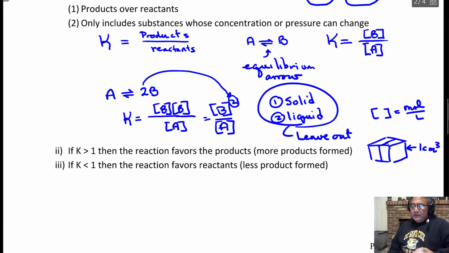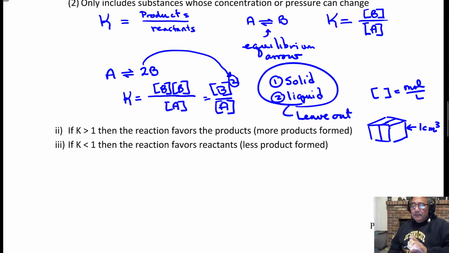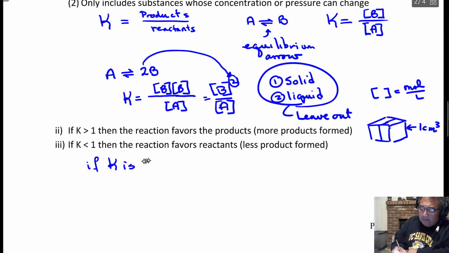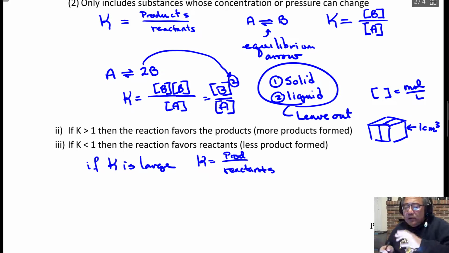Okay, so now one other thing I wanted to point out: if K is really big, it's kind of a relative term. But if you see that phrase, if K is large, what does that mean, right? Well, since K is equal to products over reactants, in order for K to be large, at equilibrium there would have to be a lot more product than reactant.